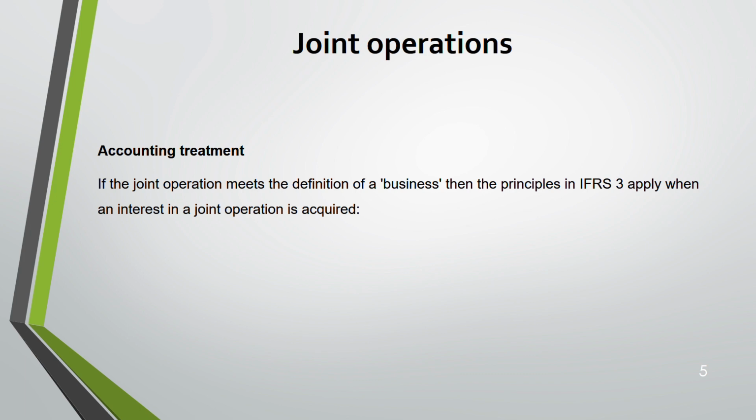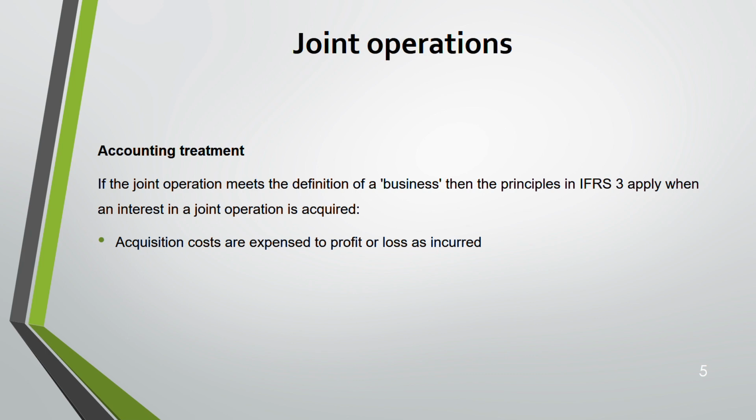Please go back to IFRS 3 in case you want to know what it means and how it is applied. Same for joint operation, but only if the joint operation meets the definition of a business. If it does not meet the definition of a business, IFRS 3 does not apply. IFRS 11 only will apply. But to know the rules of IFRS 3, you need to go back. I've done it. Go back and you can read it. It's there under my playlist, SBR lecture, you will get it.